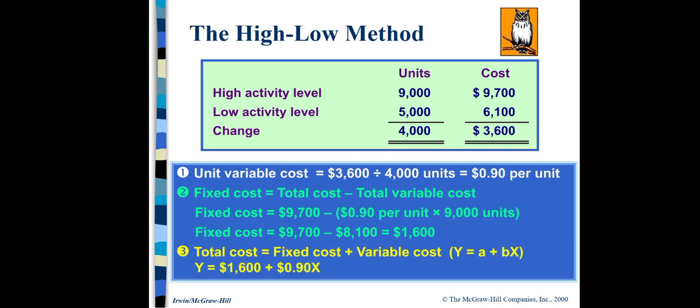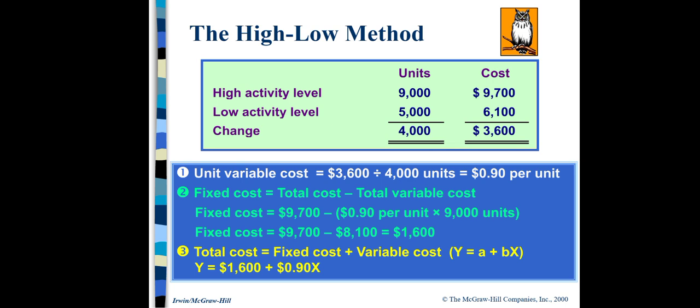And then we can use it, if we already know the unit variable cost and total fixed cost, to fill in the equation. Jadi kita bisa masukkan ke rumus, di mana rumusnya kan Y sama dengan A plus BX.